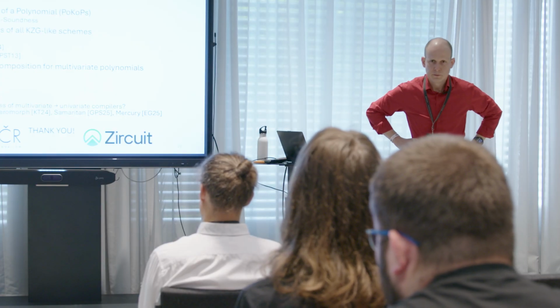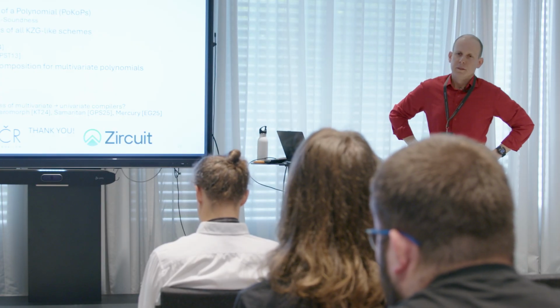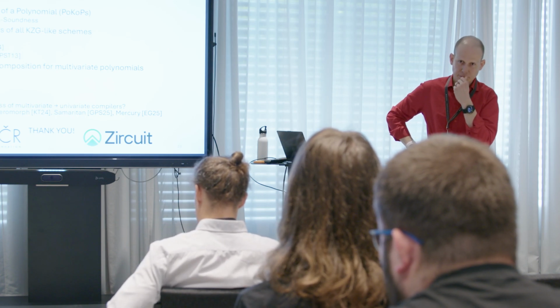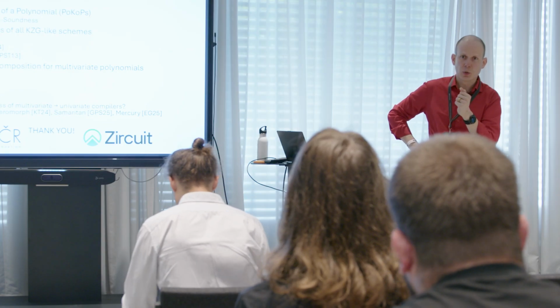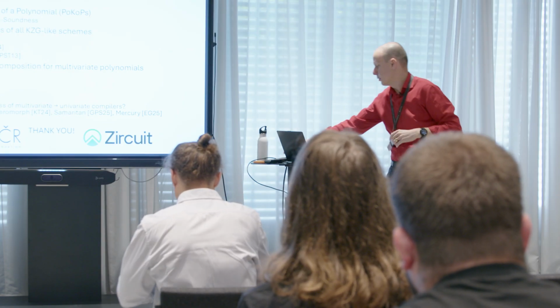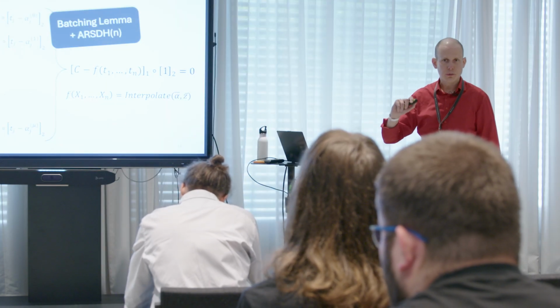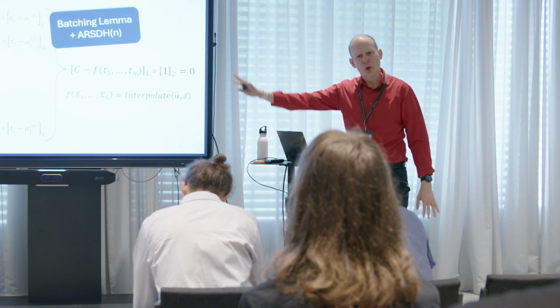Could you please repeat how you proved that the interpolated polynomial was the one committed to without relying on AGM? Right. So you have very many equations. That was this kind of right, and it's more complex than that.